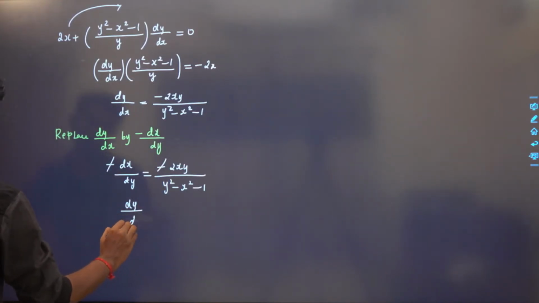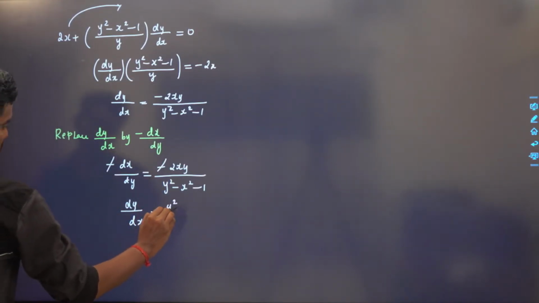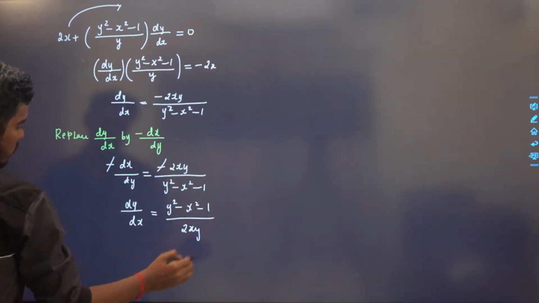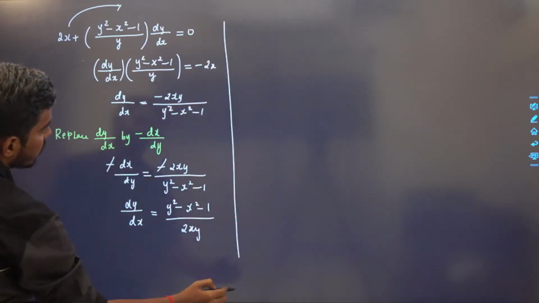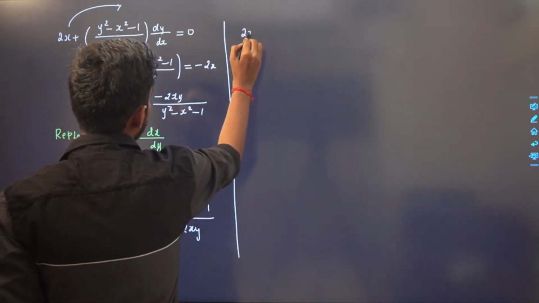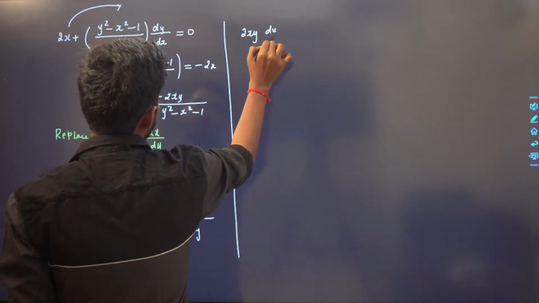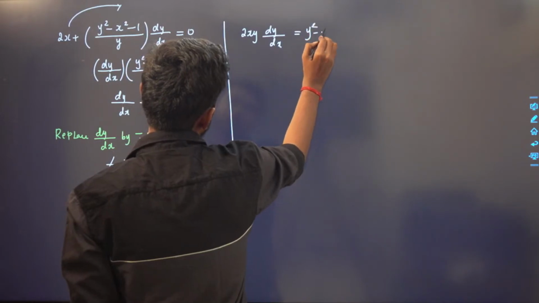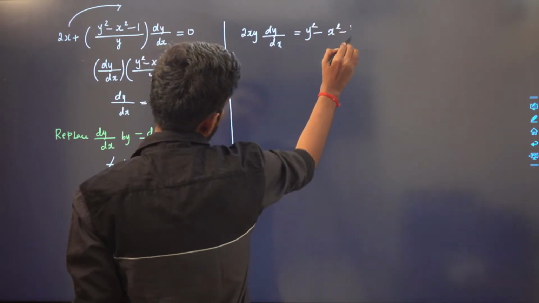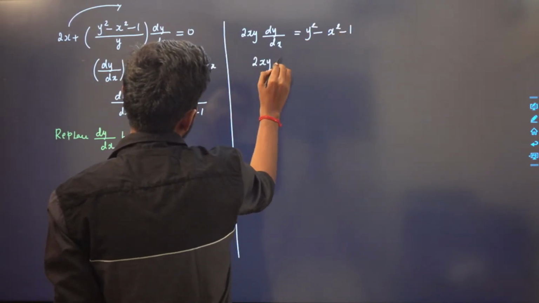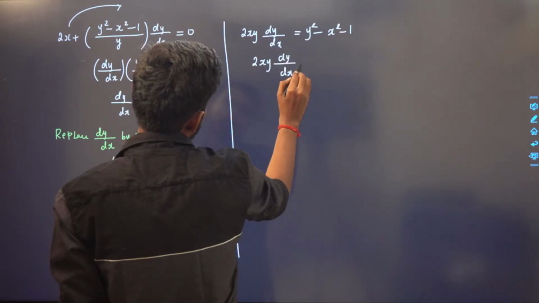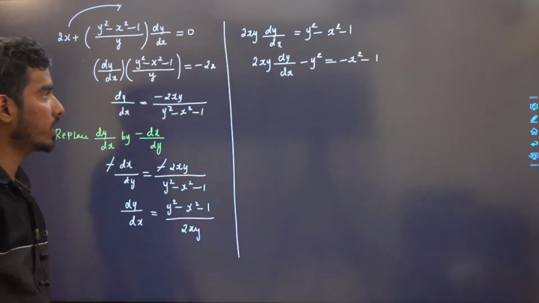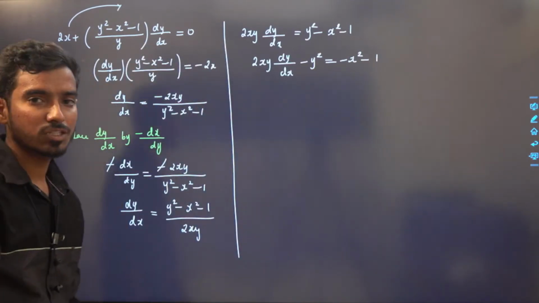So your dy by dx is y square minus x square minus 1 divided by 2xy. So this will be 2xy dy by dx is equal to y square minus x square minus 1. So 2xy dy by dx minus y square is equal to minus x square minus 1, right? Again, it's a linear differential equation in y.